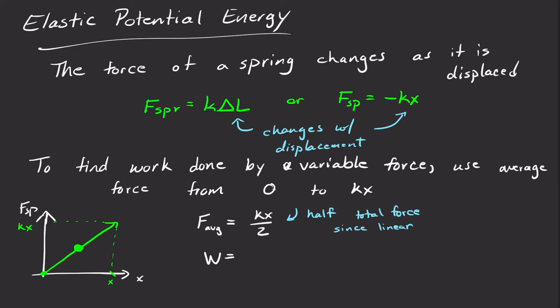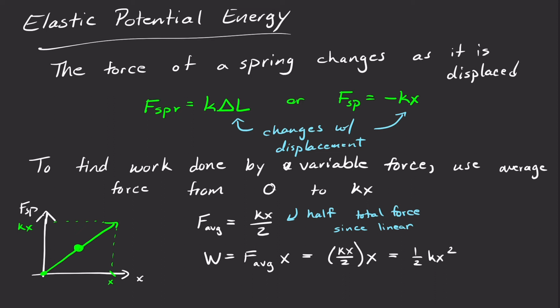And then the work is done by this average force times the displacement x, which is equal to kx over 2 times the displacement x. And so this is just equal to 1/2 kx squared.